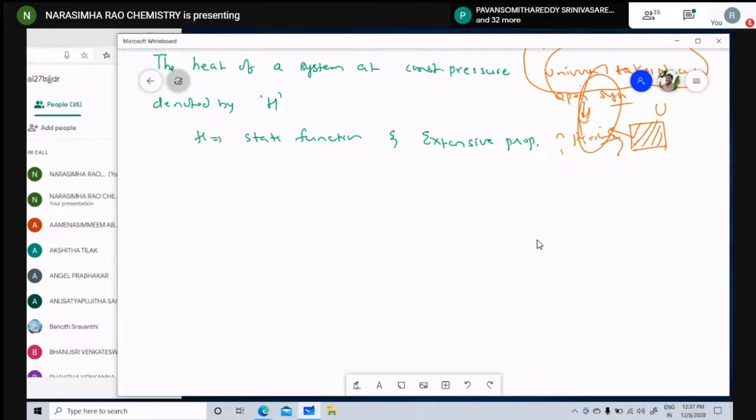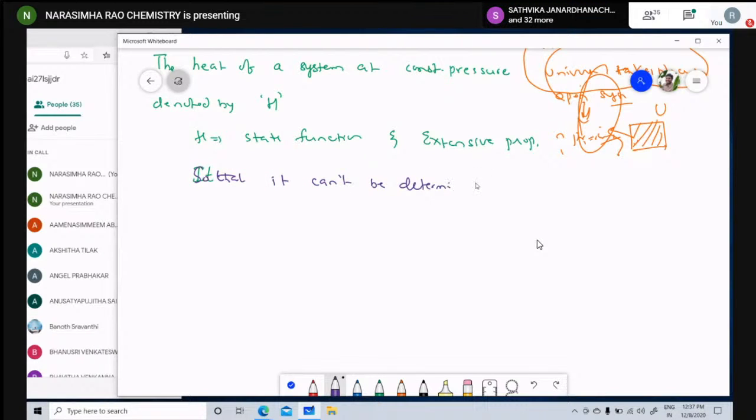It cannot be determined directly, but the change in enthalpy can be determined.